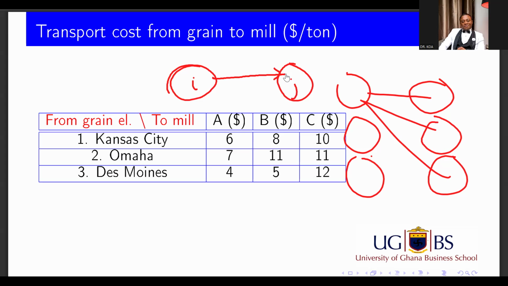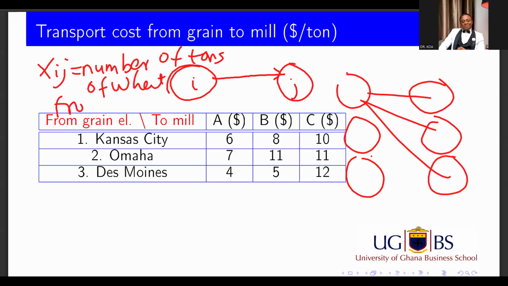How you define the decision variables is simply saying that Xij refers to the number, in this case, the number of tons of wheat. I'm writing it for a reason. Number of tons of wheat from, if you don't want complexity, you can just say from node I to node J. Simple.